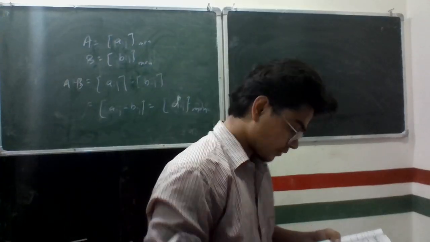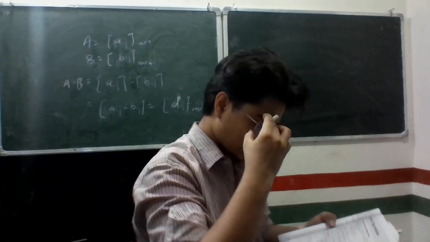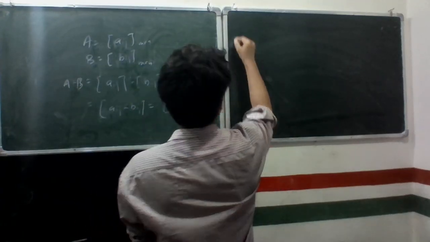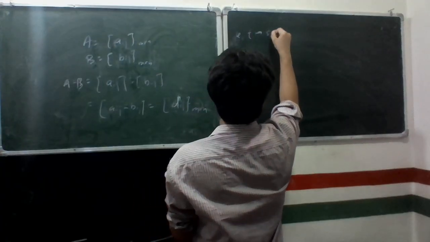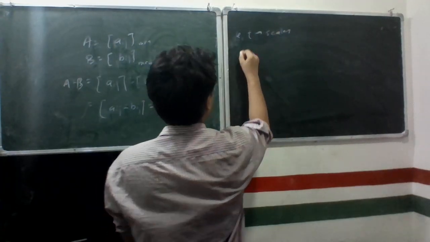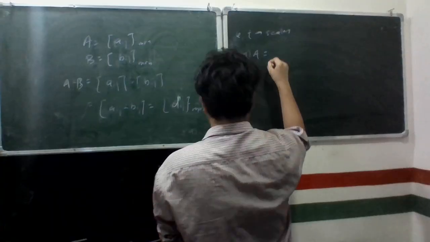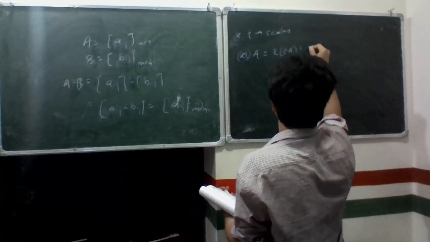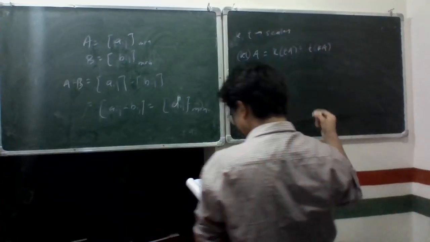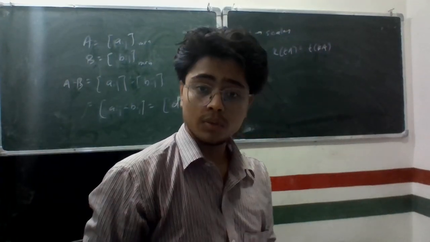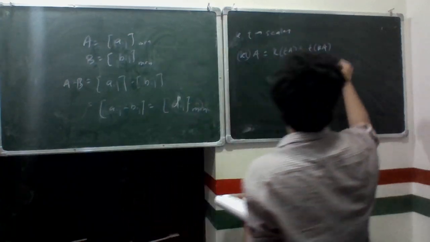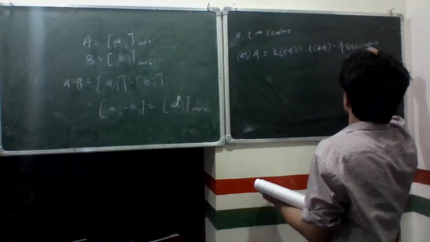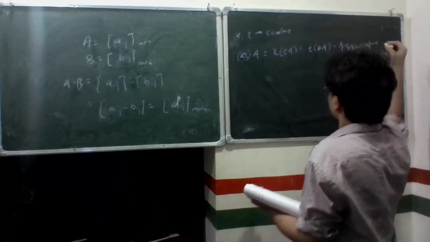There are some laws of this. The first law says that if we have two matrices A and B, and let K and T be some scalars, then K times T of A is equal to K times T of A or T times K of A, and this is called the associative law for scalars.